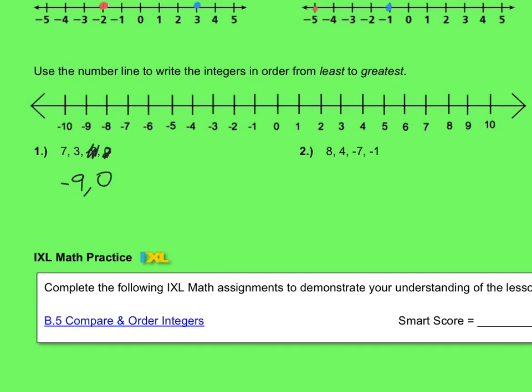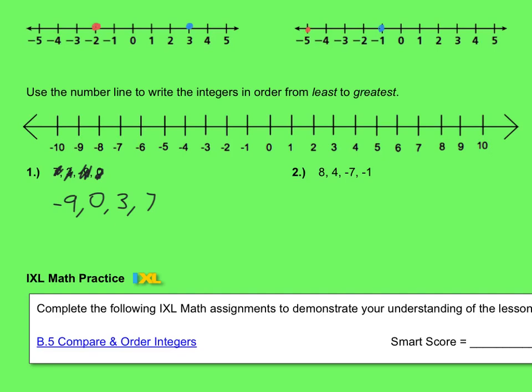Cross it out. Now we have 3 and 7. Well, 3 is less than 7, so 3 comes next. And 7 is the biggest, and I like to cross out as I go. So that's the order from least to greatest. Negatives are always smaller than positives.